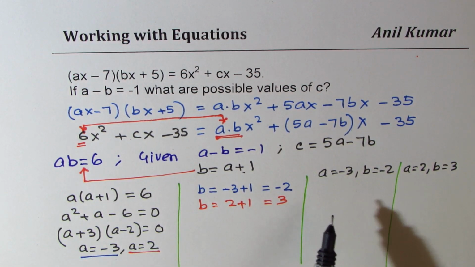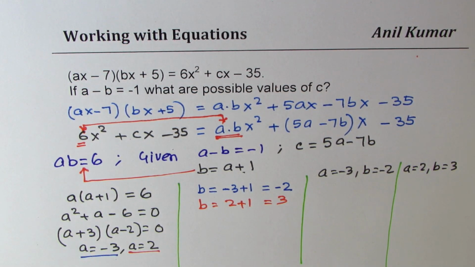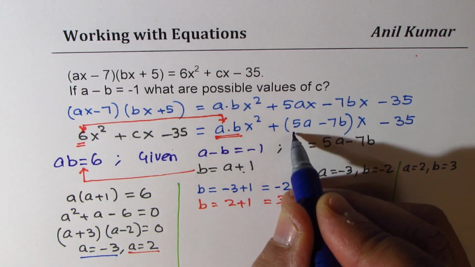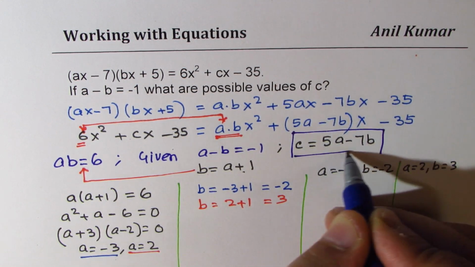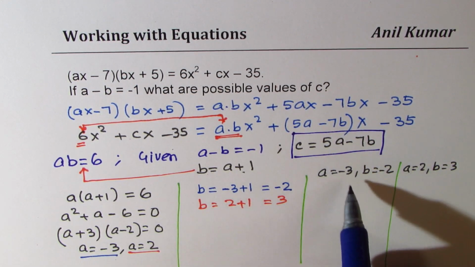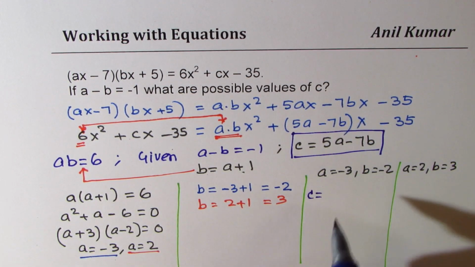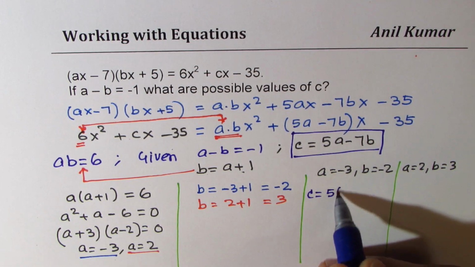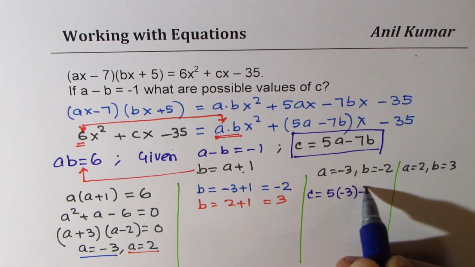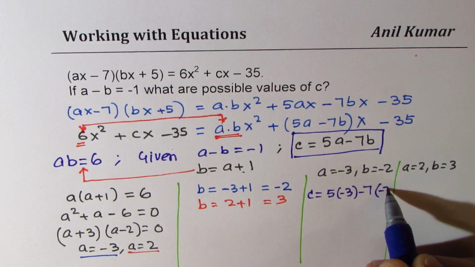Okay, so let's calculate. Here is what c is. Perfect. So for the first one, c is equal to 5 times -3 minus 7 times -2.